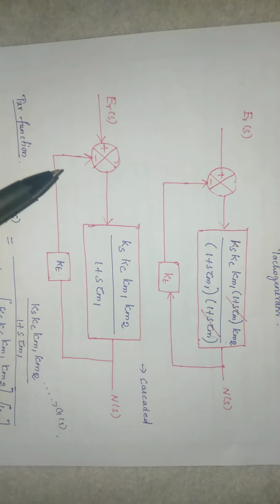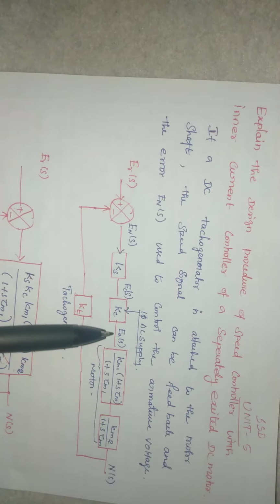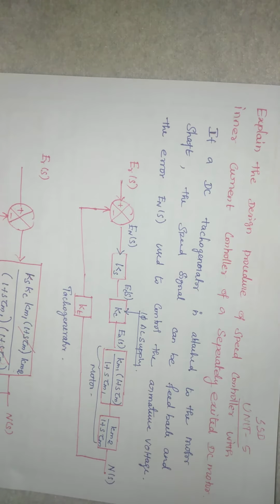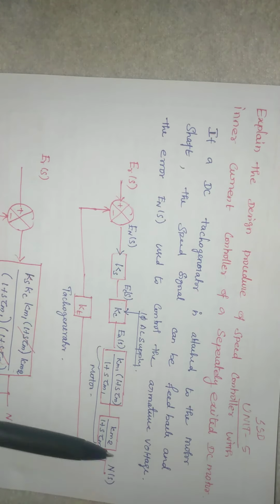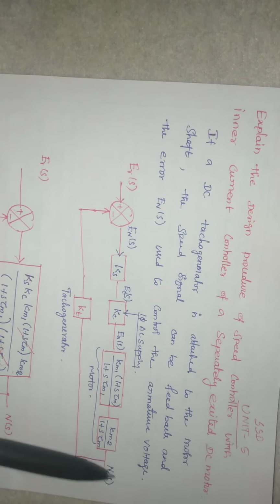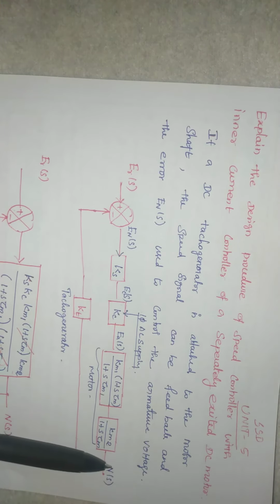Some person may ask a question: in the first block diagram I mentioned this is our input and this is our output. For clarity, I am telling you, this input can't change the speed, but this input can change the speed. Our aim is to find a speed controller, in the sense that it should change the speed.